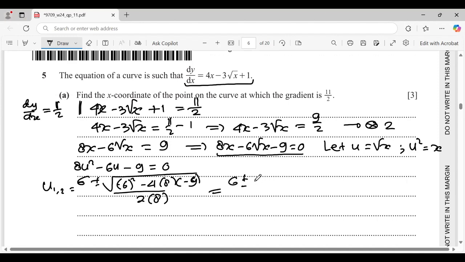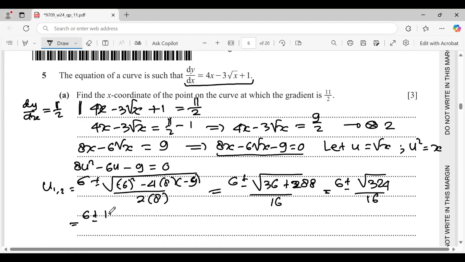That becomes 6 plus or minus square root of 36 plus 288, over 16, which is 6 plus or minus square root of 324 over 16.